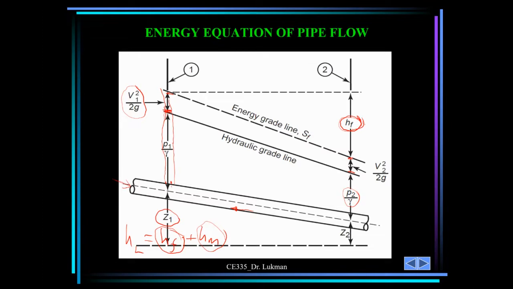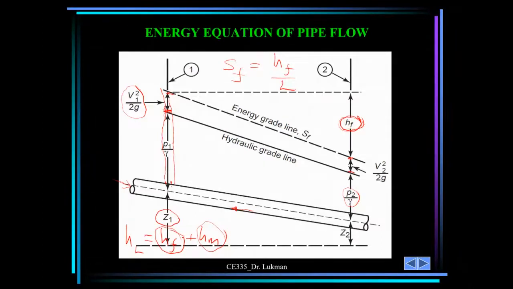SF, and the slope is due to the frictional force or frictional head loss. That is why the friction slope is simply defined as the head loss occurring over the entire pipe length. So the definition of SF is HF over L.